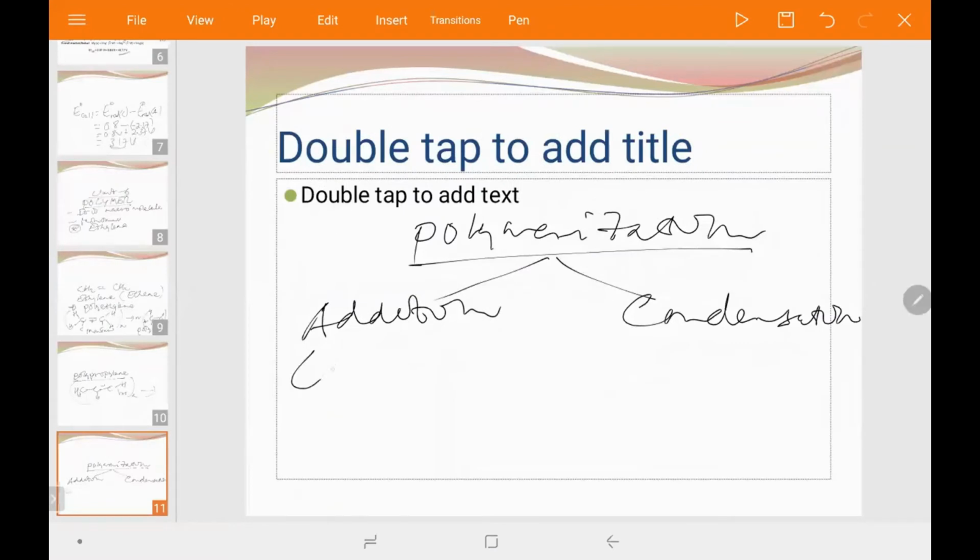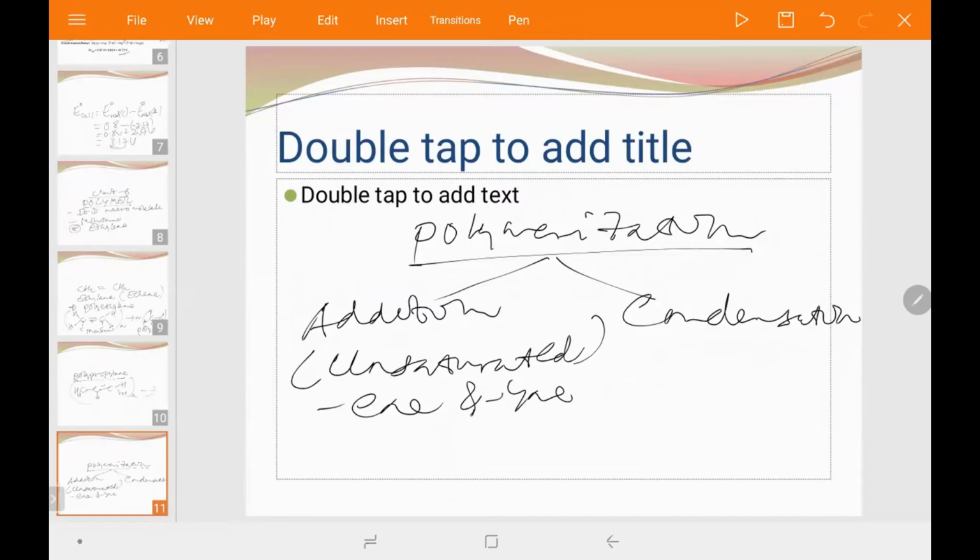For unsaturated. Unsaturated means for ENE and for YNE, which means for double bond and triple bond.